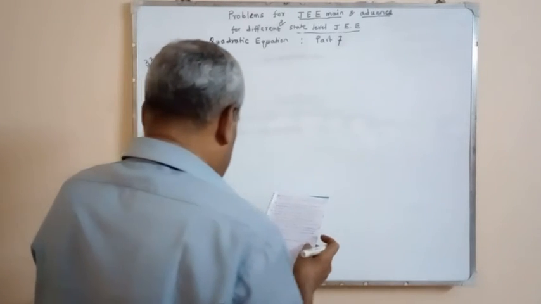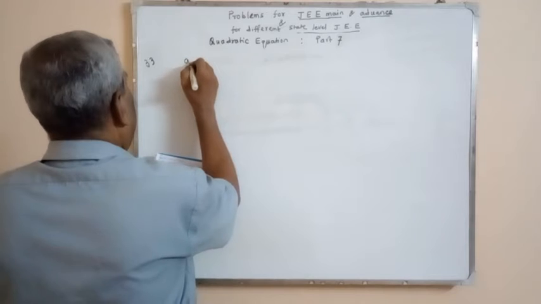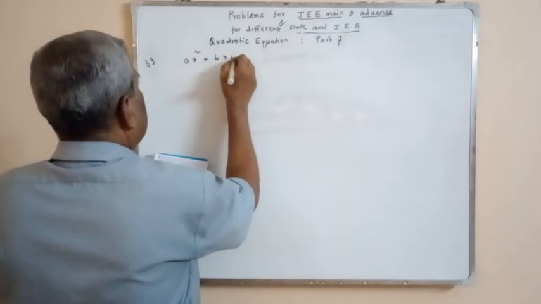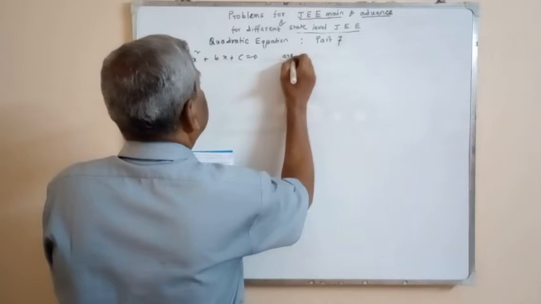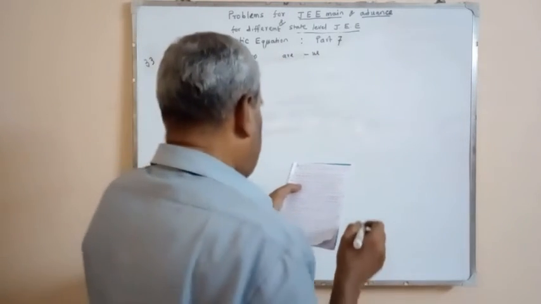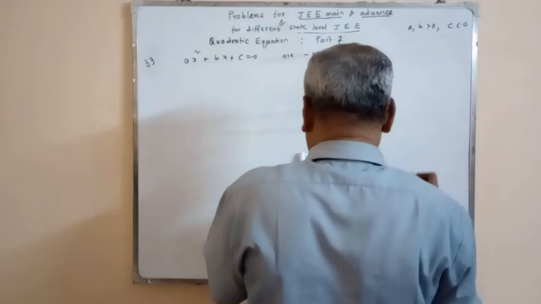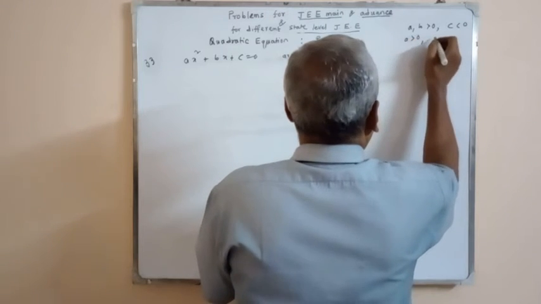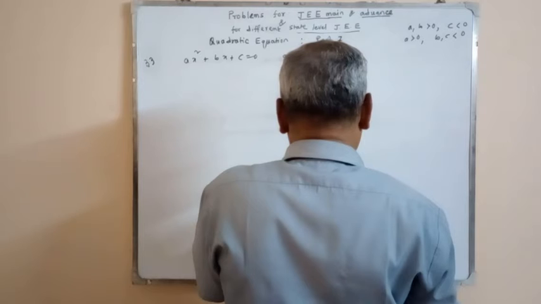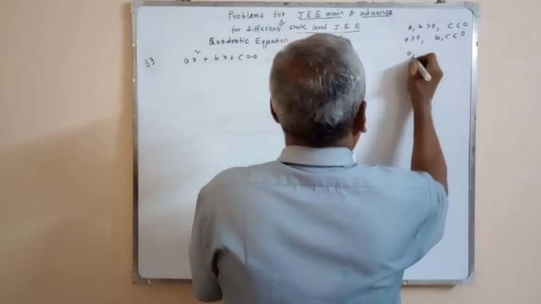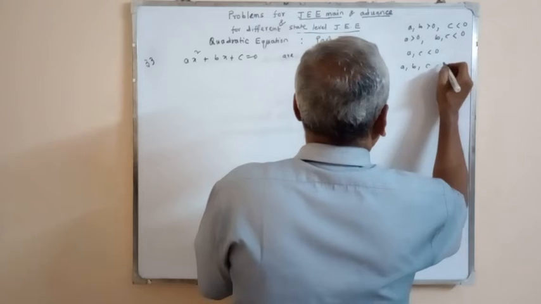The condition that both roots of the equation ax square plus bx plus c is equal to 0 are negative is: options: a and b positive, c negative; a positive, b and c negative; a and c negative; a, b, c are of same sign.